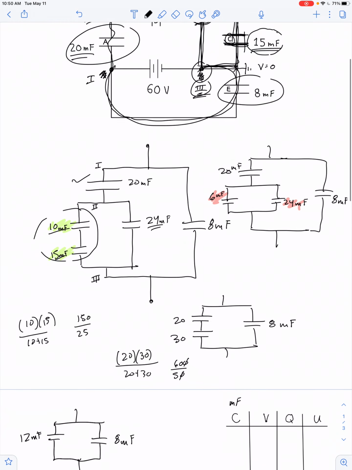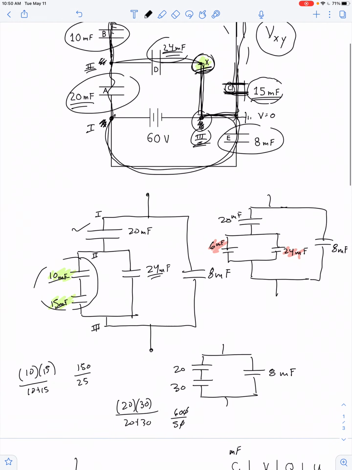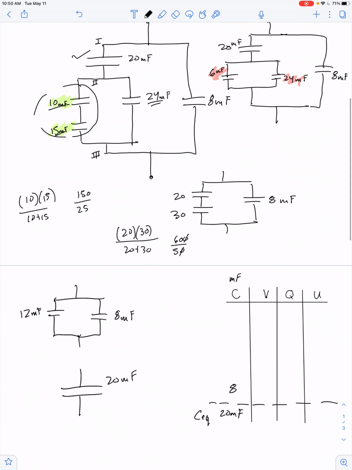We've got the 20, the 10, the 15, the 24, and the 8. Well, I guess I can draw that a little neater. 20, 10, 15, 24.